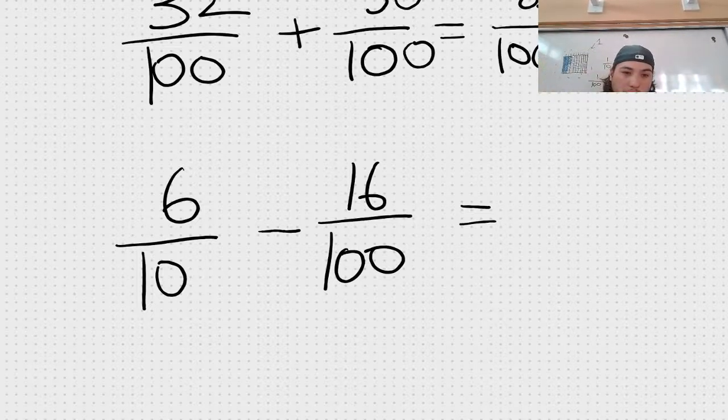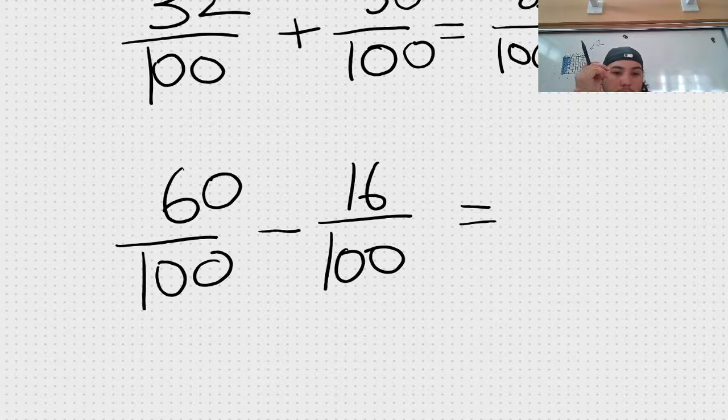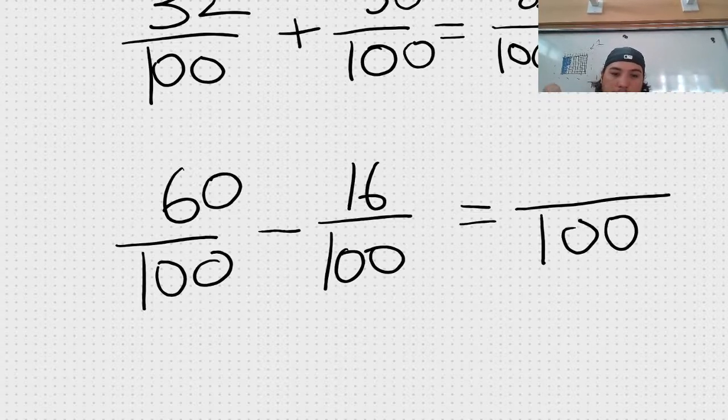Right, so we've multiplied by 10 tenths, making 60 hundredths. Now subtract. The denominator stays the same. 60 minus 16, or 60 minus 10, equals 50. And then 50 minus 6, 44 hundredths.